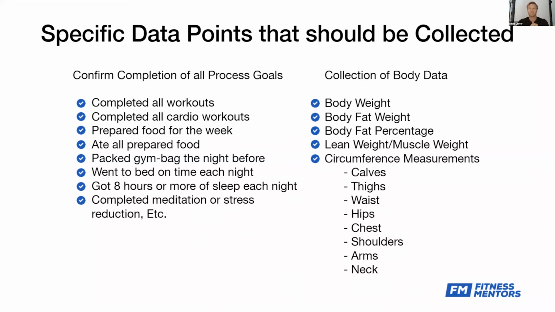That typically occurs when you get the body fat percentage and then subtract the body fat weight from the total weight to get your lean weight. And then also maybe circumference measurements if your clientele likes that sort of metrics. So what are the circumference measurements of their calves, their thighs, their waist, their hips, their chest, their shoulders, their neck, their arms? Maybe they're trying to get giant biceps.